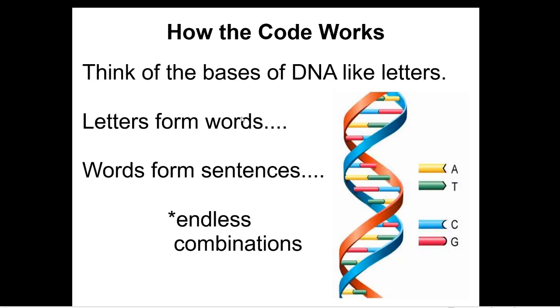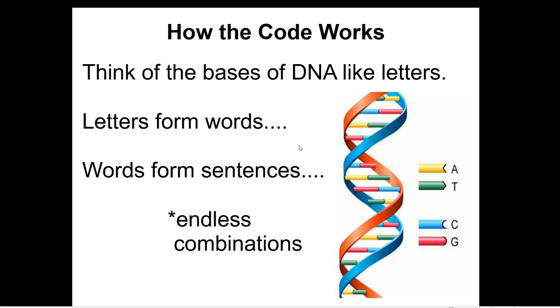Okay. And think of the bases of DNA like letters. Just think of them like letters. I know we talk about how they are chemistry, and you're right. But this is a good concept to keep in mind, especially as we get into protein synthesis after this. Remember, these are our letters, okay? And these letters, so these bases, form words. And those words form sentences, correct? And there are endless combinations that you can do.